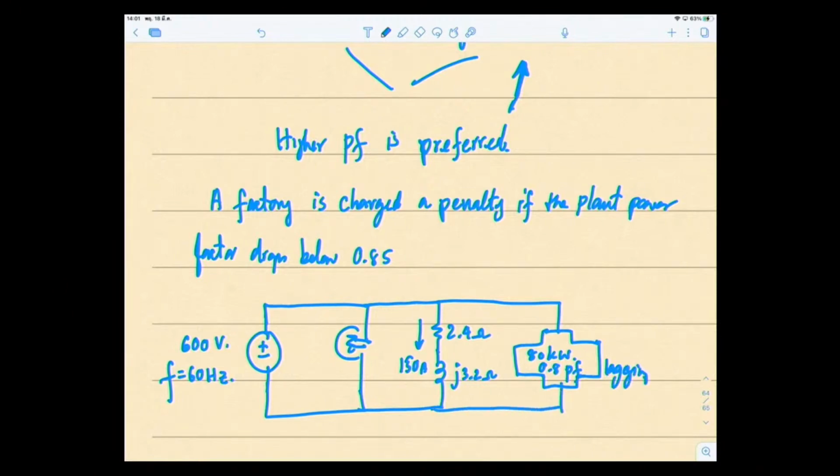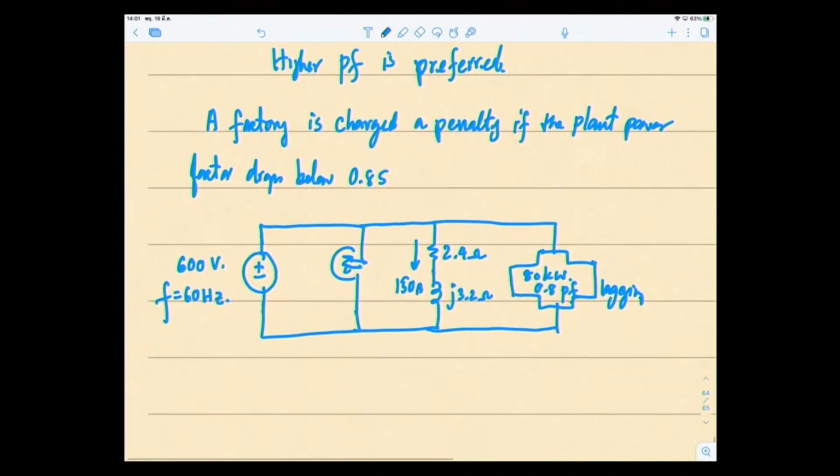So there are three loads, and of course, all the loads are connected in parallel. We know 0.8 PF lagging only for this motor.